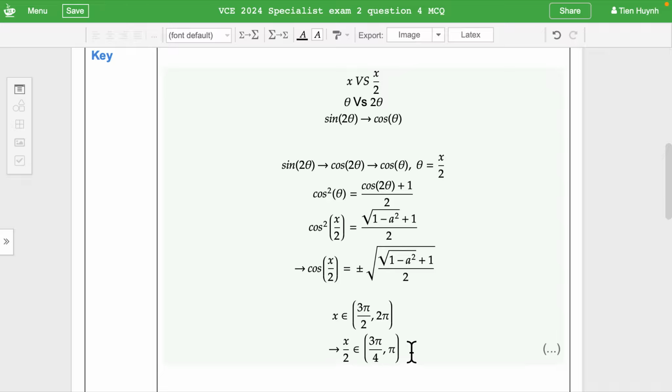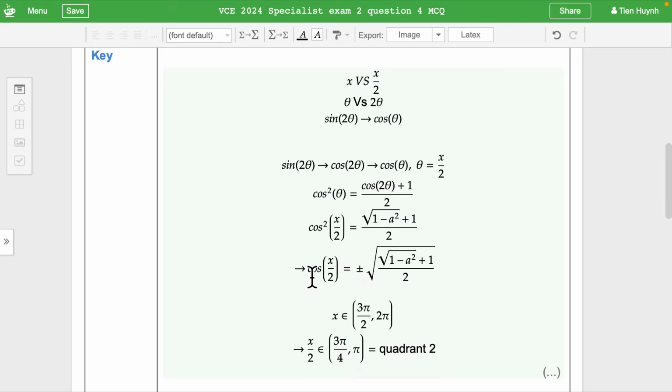Which quadrant is it? This is actually quadrant 2, and because of that, the value of cosine will be negative. So between plus and minus, we pick the negative one.